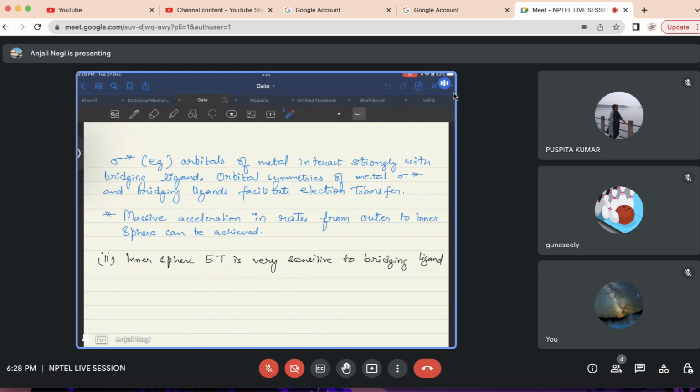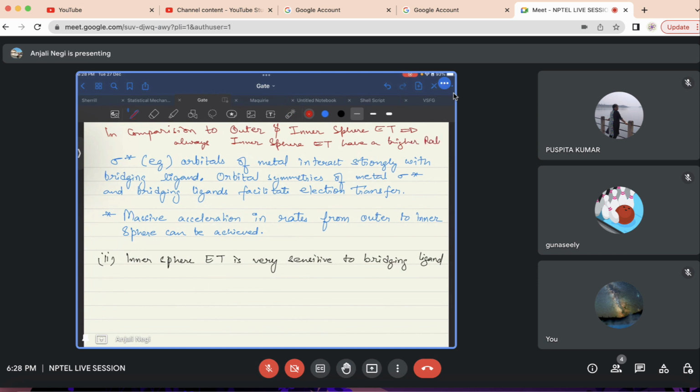So actually, in comparison of outer and inner sphere electron transfer, always inner sphere electron transfer has a higher rate.